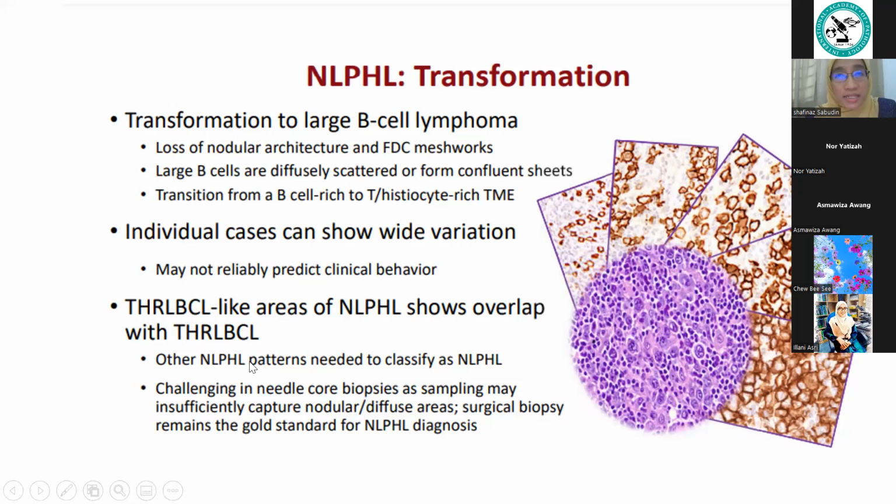And making this diagnosis of pattern E nodular lymphocyte predominant Hodgkin lymphoma or T histiocyte rich large B cell lymphoma is very challenging if we only receive a needle core biopsy, because it may not be sufficient to capture nodular or diffuse areas. So the gold standard for us to diagnose nodular lymphocyte predominant Hodgkin lymphoma is by surgical biopsy.